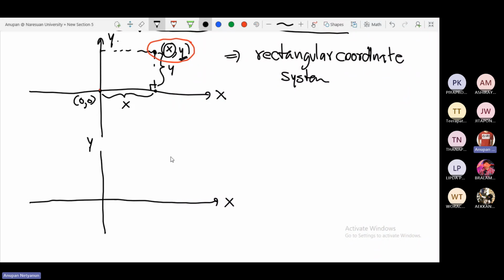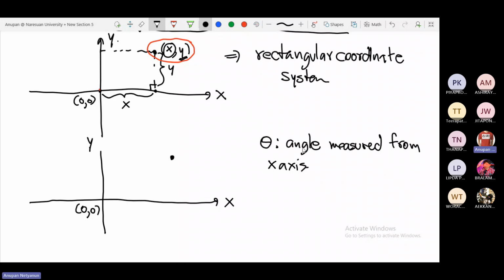I want to go to this point again, starting from (0, 0). The first thing that I would like to define is theta, which is an angle, measured from the x-axis.